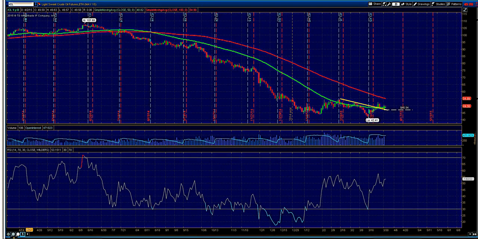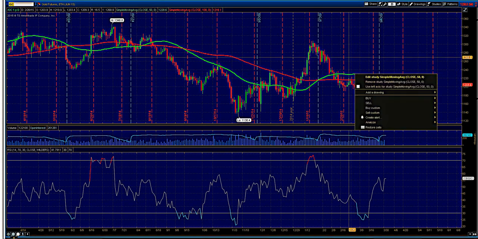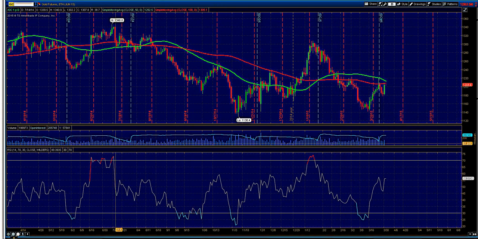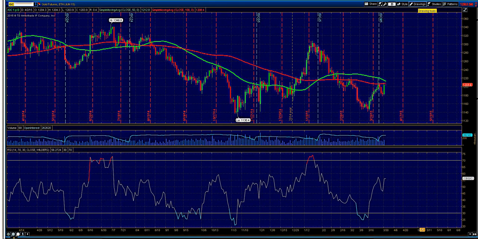Gold is below both key moving averages. We are having a negative slope in the 50-day moving average, so still bearish thus far. We would like to see prices really get back above that 50-day moving average, which will coincide with the 100-day, and then really put some upward pressure on gold.